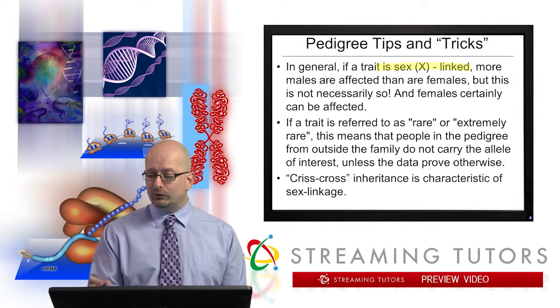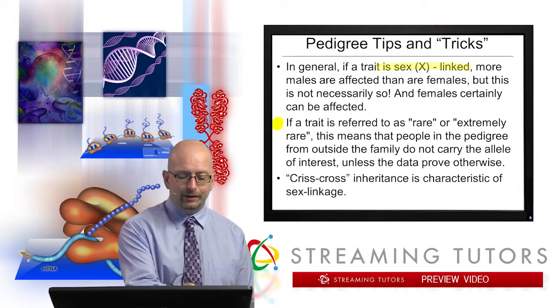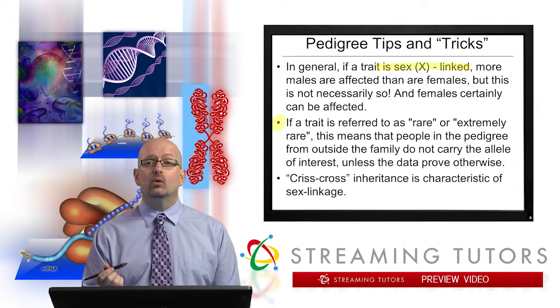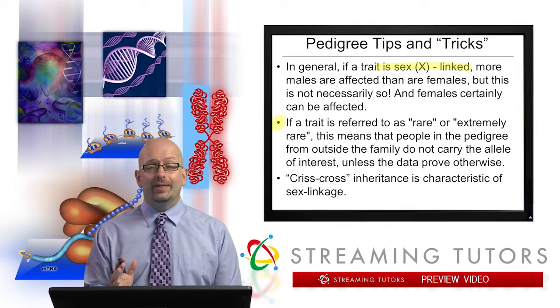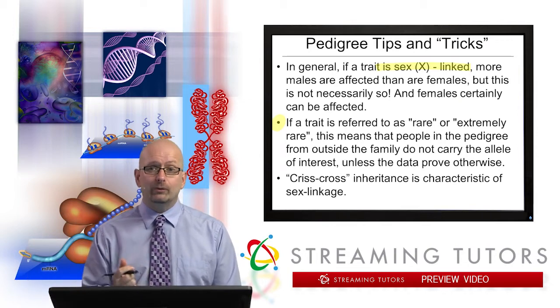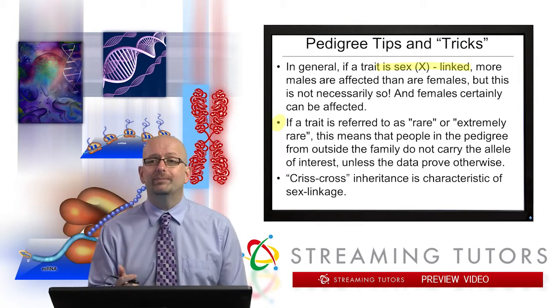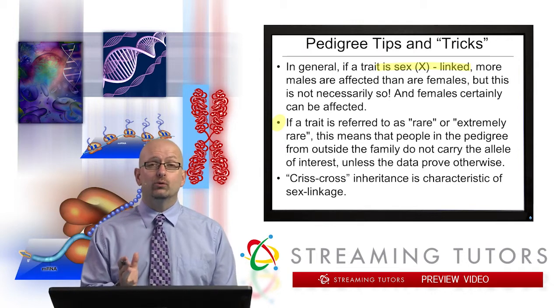We said this next one before, but we want to remember it again. If a trait is referred to as rare or extremely rare, what that's trying to get into your mind is that people coming into the pedigree from outside the family, marrying into the family, do not carry the allele of interest, whether it's dominant, recessive, sex-linked, or whatever, unless the data prove otherwise.